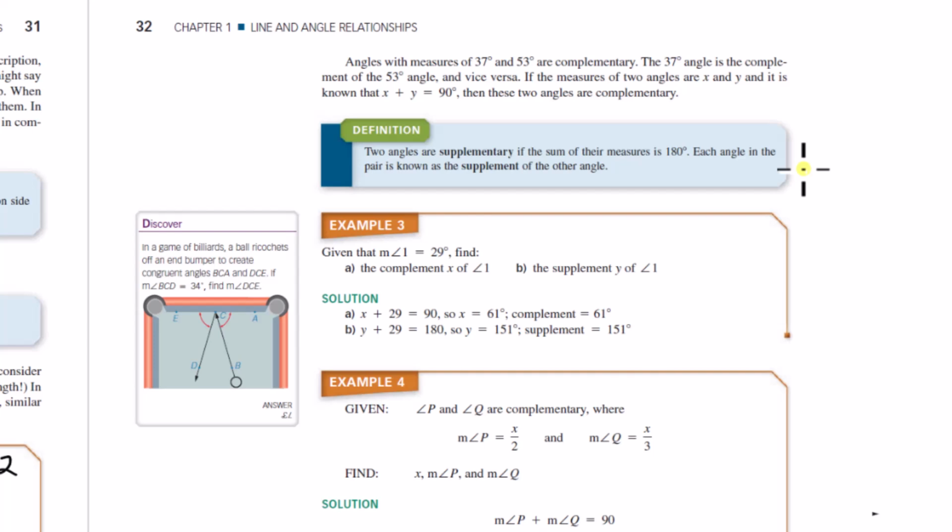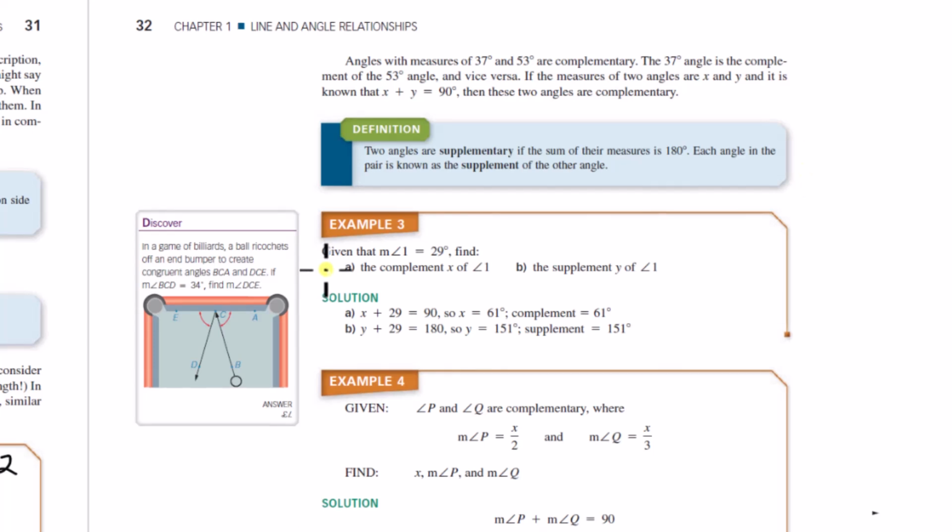Two right angles are supplementary. Other than that case, if you have two supplementary angles, one has to be obtuse and the other has to be acute. You can't have two acute angles, because then the sum won't reach 180. You can't have two obtuse angles, because then their sum is going to be greater than 180.